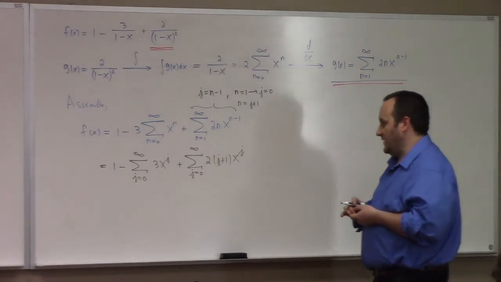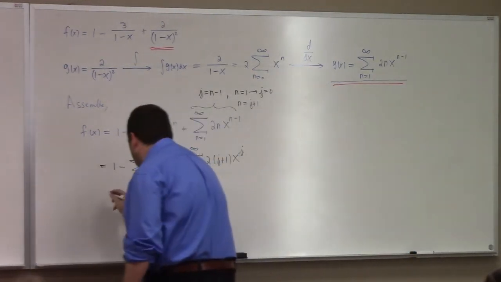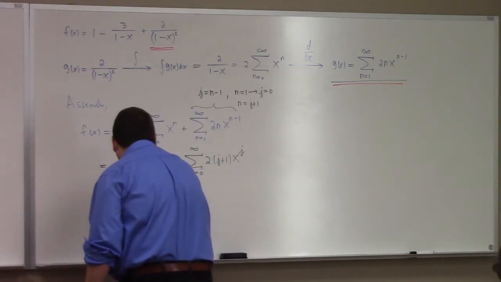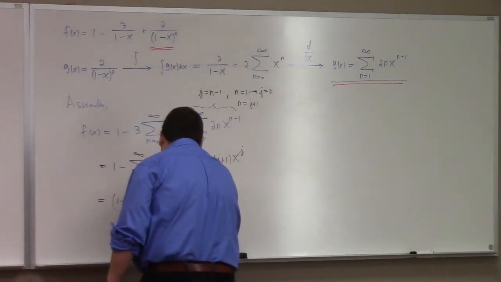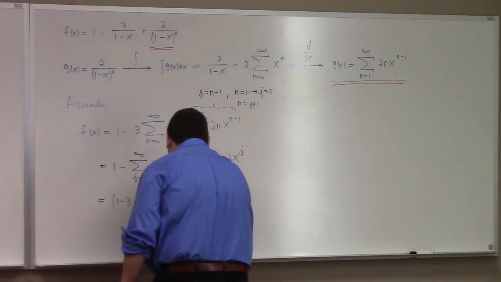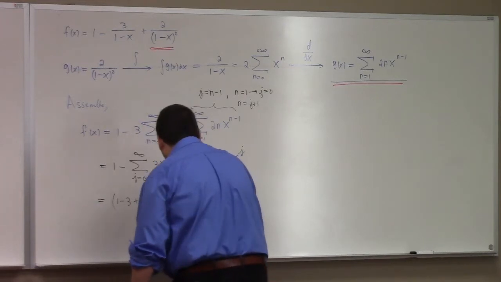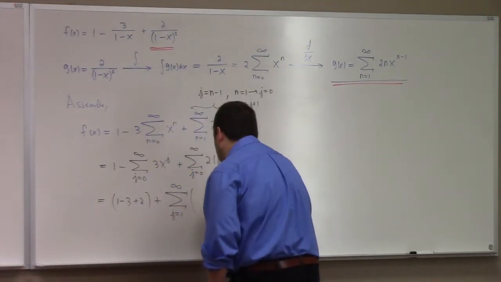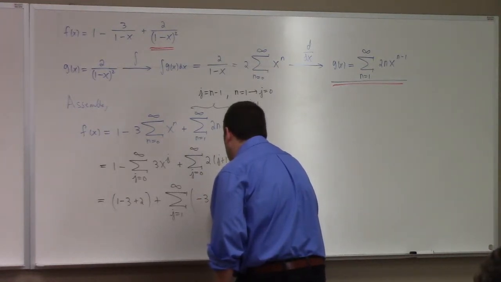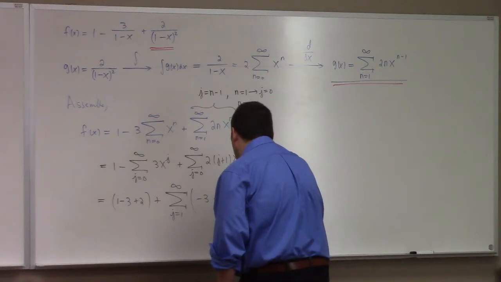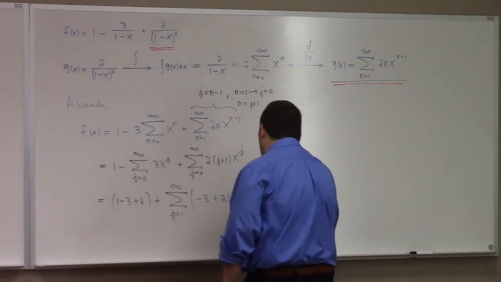And of course, to be fair, I should really split off the 0th term here. I've got 1 minus 3 plus 2, plus the sum, j equals 1 to infinity, parentheses, looks like a minus 3 plus 2 times j plus 1, x to the j.